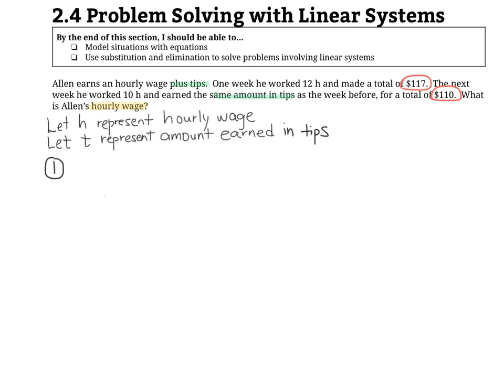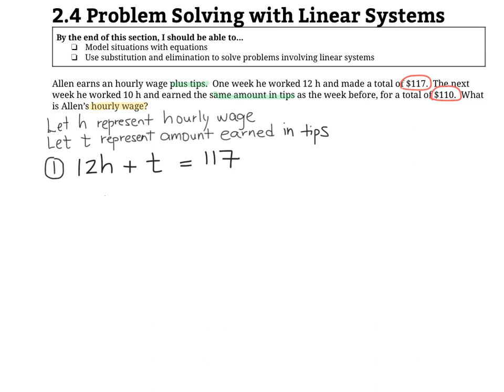So if I translate this information into a mathematical equation, I could say 12H plus T is equal to 117. What this tells me is that he worked 12 hours multiplied by whatever he earns per hour, and we don't know what that quantity is, plus whatever amount he earns in tips. All of that together is equal to $117.